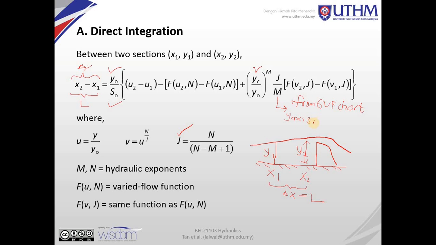Y-axis we need to use y over b depending on the shape, if rectangular or trapezoidal, and y over d. So here y we need to use y naught, the normal depth. Y here equal to y naught.